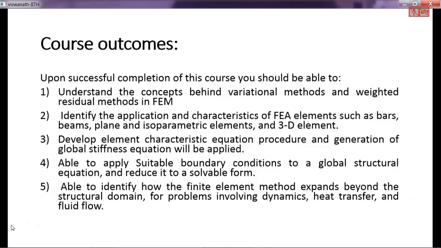Somebody doesn't have a solution and you're promising at least an approximate solution. That's the reason the finite element is very good, and everybody in the mechanical sciences should learn it, because all physical phenomena in this universe are governed by partial differential equations. So what you are doing in this finite element course is converting your partial differential equation into weak form.